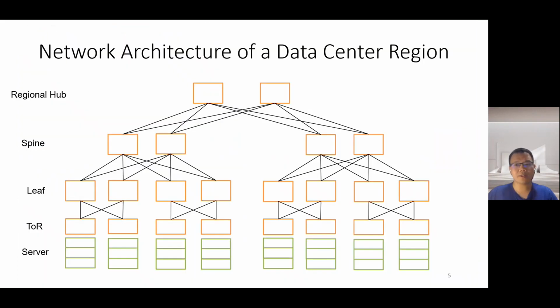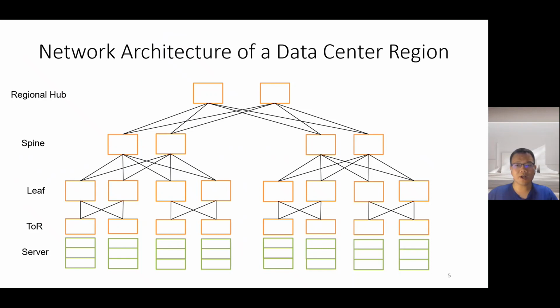So now let's look at the network interconnecting the servers inside the data center, which we call the data center network. The data center network typically uses a Clos topology to interconnect machines. As shown in the figure, the bottom green ones are the servers. On top of the servers, there are 4 tiers of switches: top of rack, leaf, spine, and the regional hub.